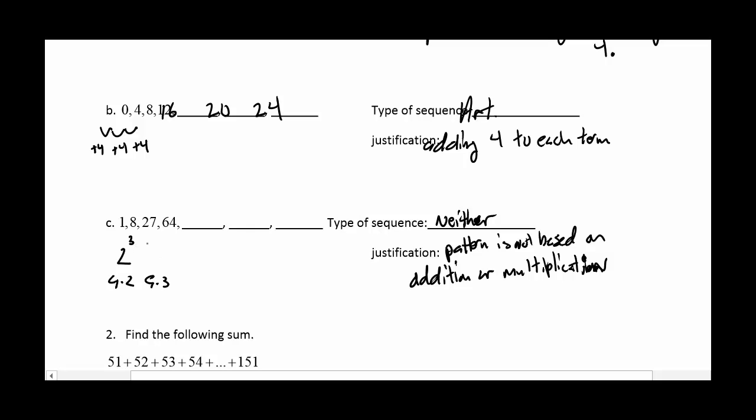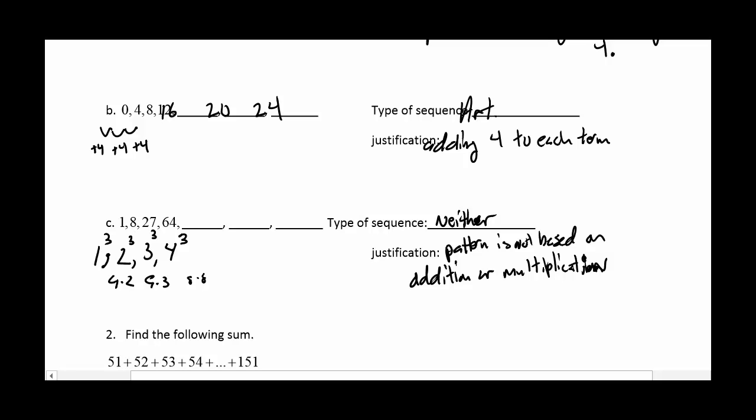It's also 3 cubed. Oh, I think we noticed something here. 64 is 8 times 8, but it's also 4 cubed. I think we got it. So our pattern is n cubed.